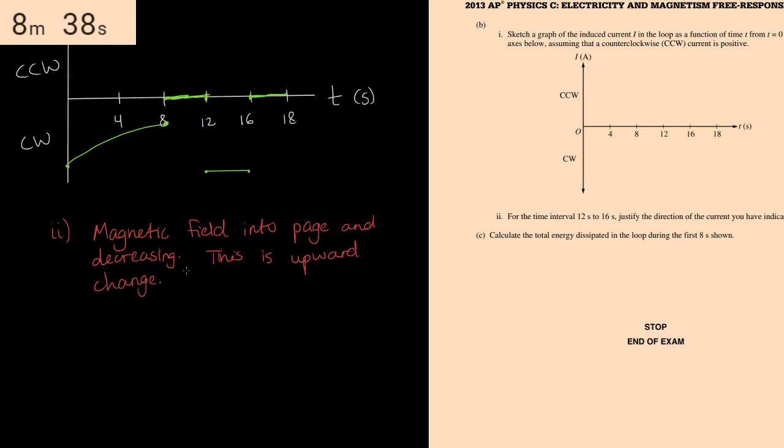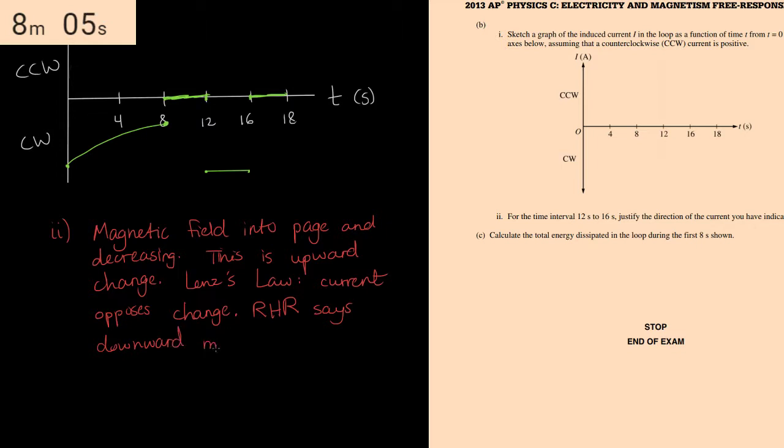By Lenz's law, we have that the current will be such that it opposes the change. Current opposes change. And so that means that by the right-hand rule, we have a downward current. Sorry, downward means clockwise, right?